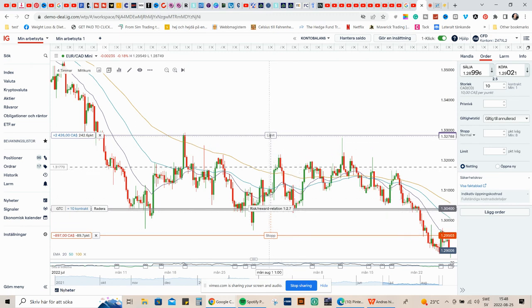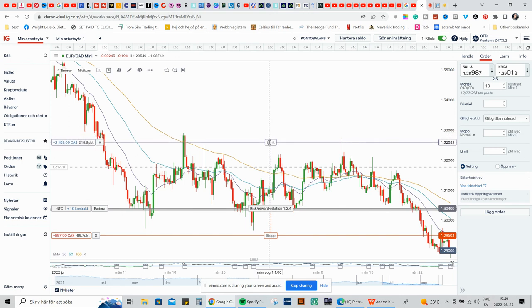I must often use two times or 2.5. I like those numbers actually, because very often the price reaches my take profit level. So that's my advice for you, to use 2.5, striving for that 2.5 more profit than risk.